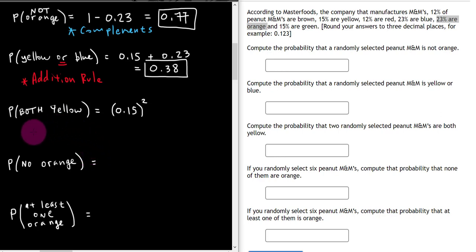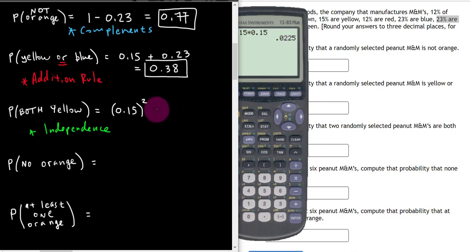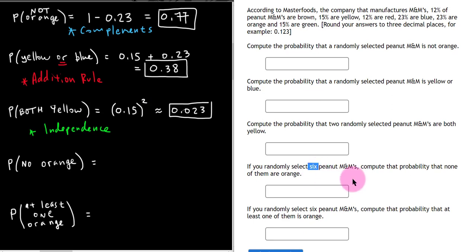Here, the main property being used is independence. And I'll open up a calculator. 0.15 squared, 0.0225. And it does say to round to 3 decimal places, so I'll go 0.023.